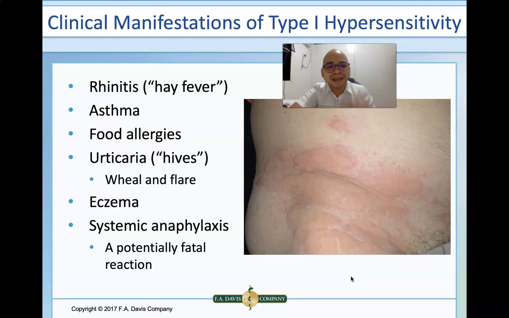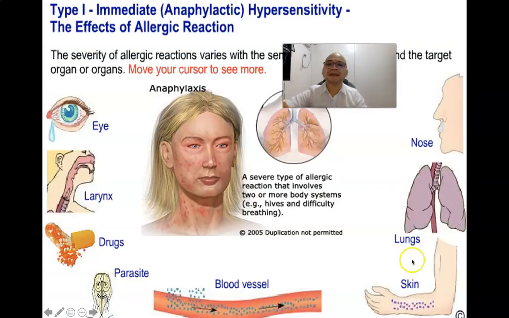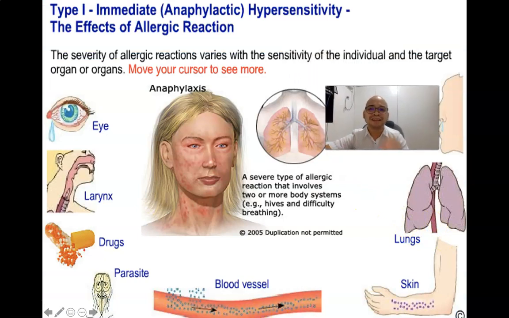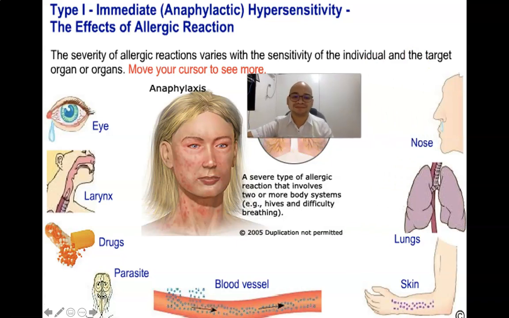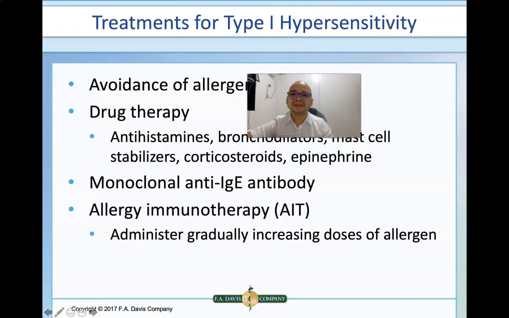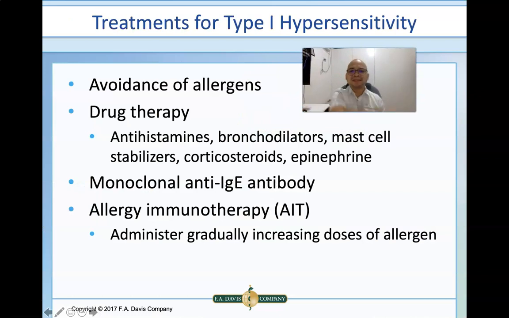In cases of massive jellyfish attack, it will cause systemic anaphylaxis, and it could be potentially fatal. Okay, so this is where you can find the different target organs. So in the eyes, it becomes teary eyes, the larynx, in lungs, in skin, or even in the nose.